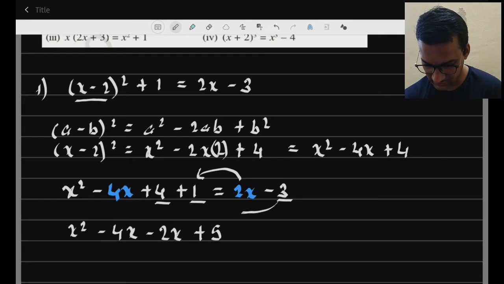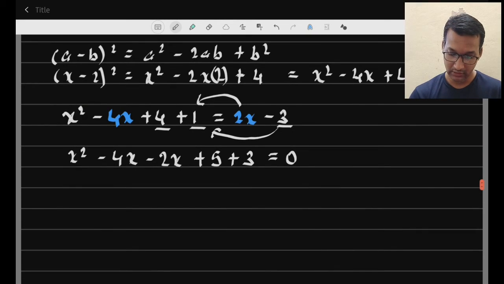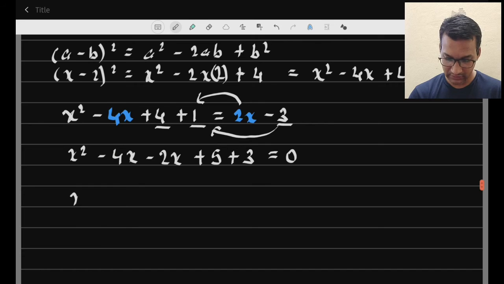This 3 comes on the other side, minus 3 becomes plus 3, we will get equal to 0.